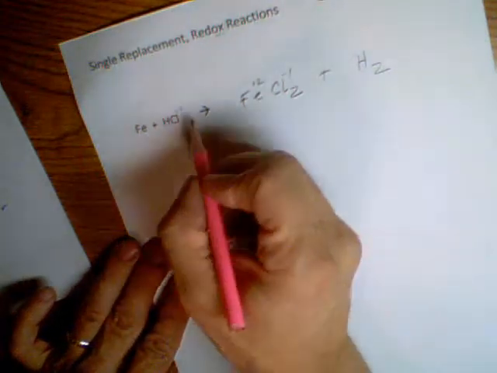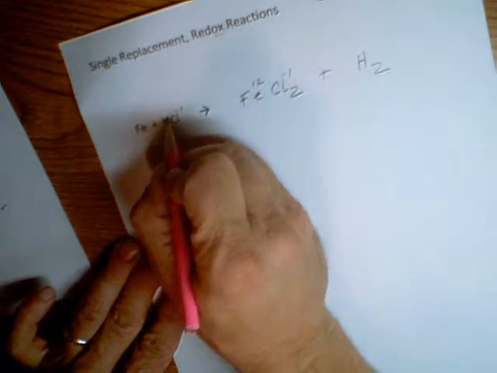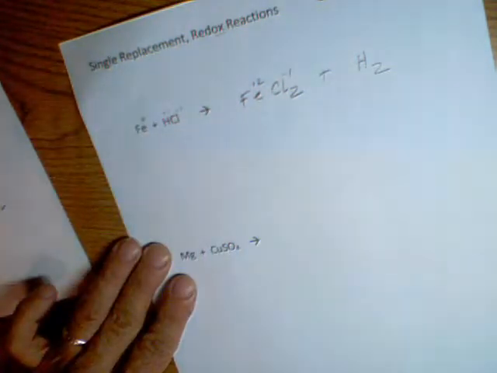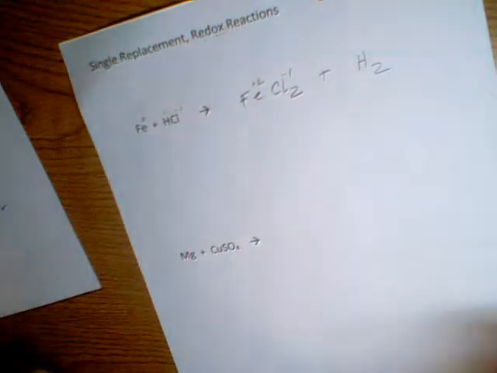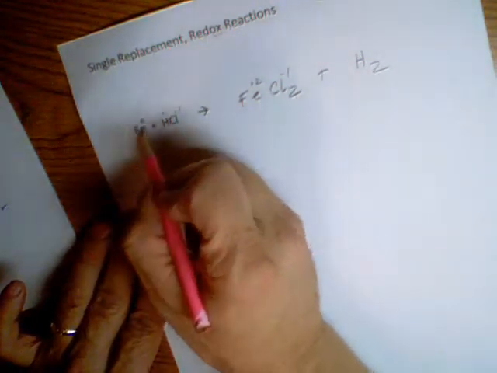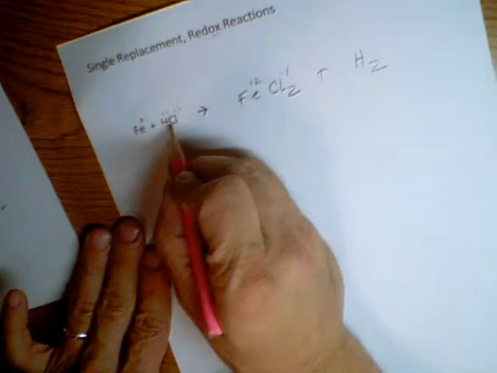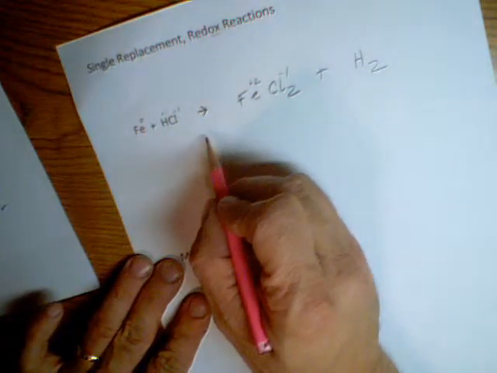Now here we have hydrogen is +1, and then Fe has got to be 0 because it's all by itself. It's just iron, iron in a solid form, I presume. And this must be hydrochloric acid in an aqueous solution.